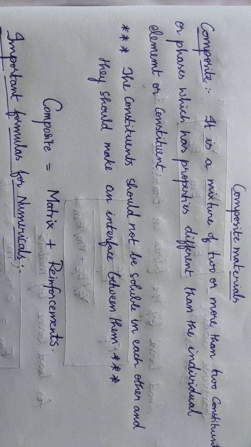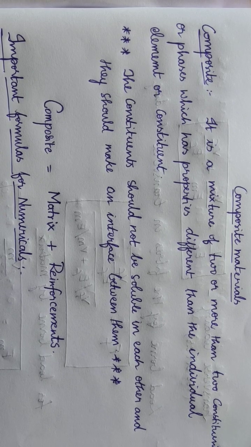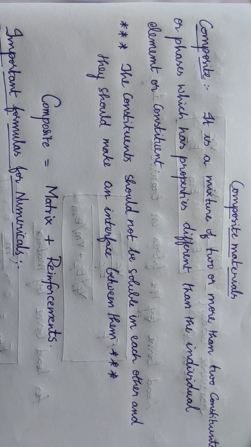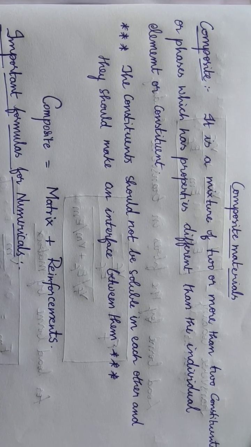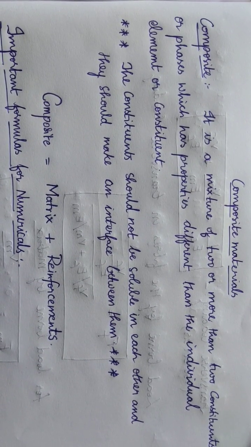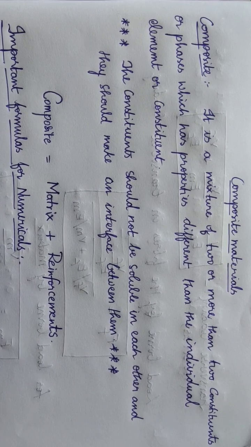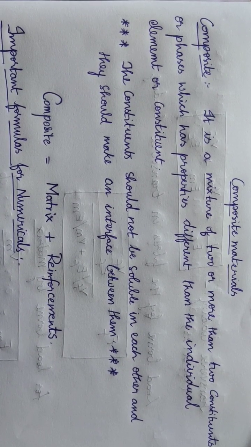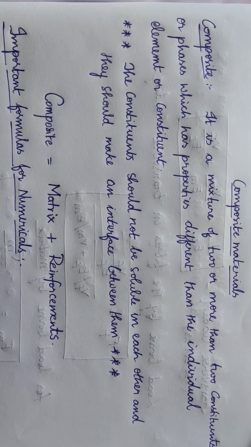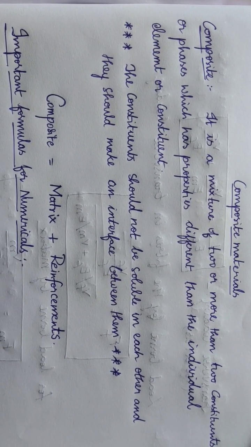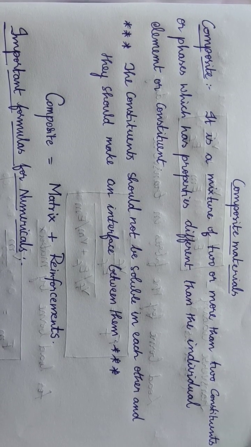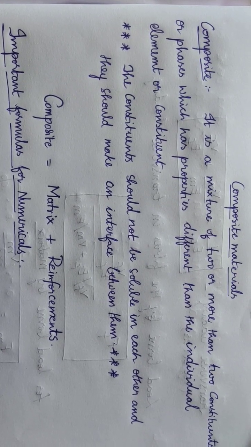I'll also upload detailed notes on composite materials. I'll do a separate video on that as well. So let's see the numericals of composites. As we all know, composites are the mixture of two or more constituents or phases which have properties different than the individual constituents.